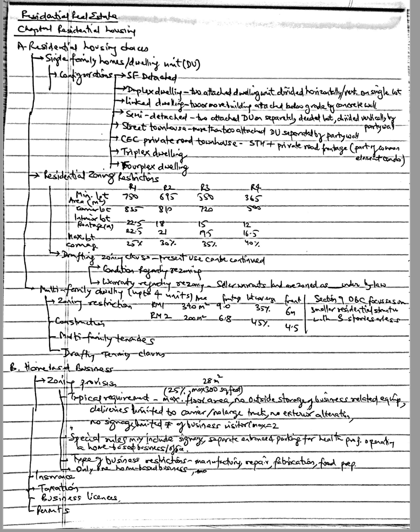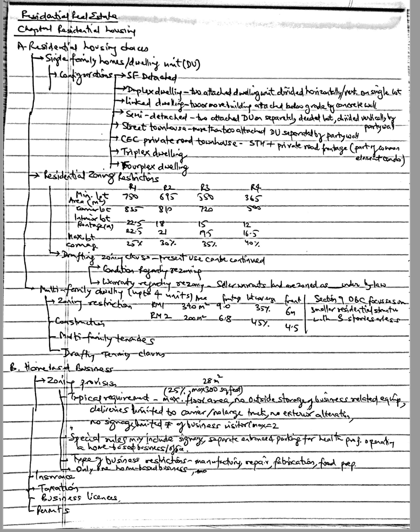In the case of residential zoning restrictions for R1, R2, R3, and R4, there is a minimum lot area requirement. For R1 it is 750 square meters, R2 is 695 square meters, R3 is 550 square meters, and R4 is 365 square meters. As we go towards R4, the requirement for the lot decreases, which means the density increases.